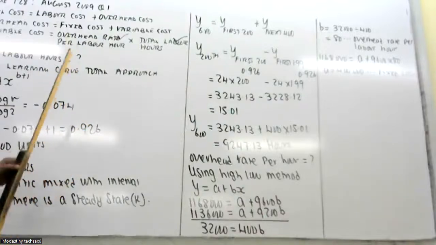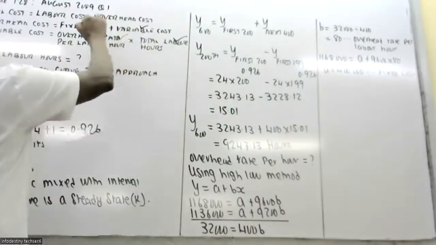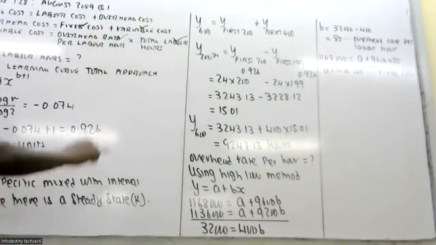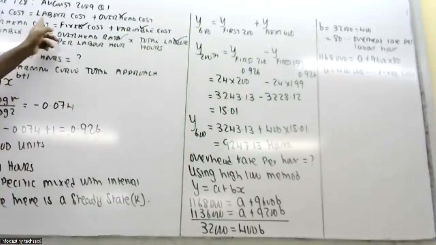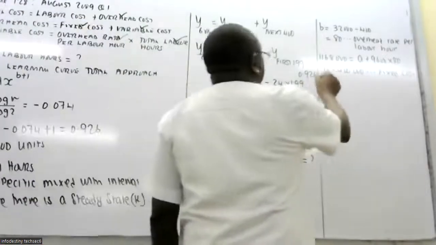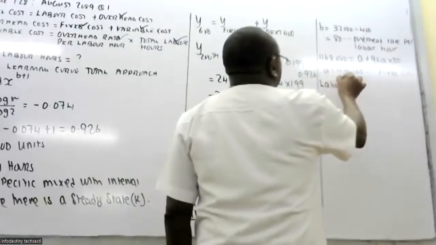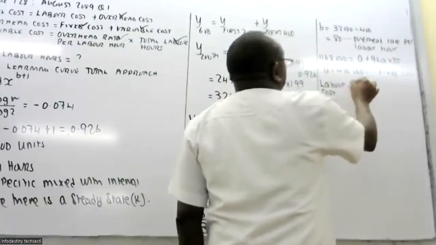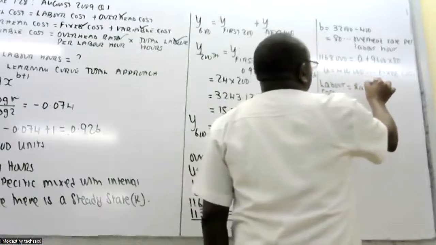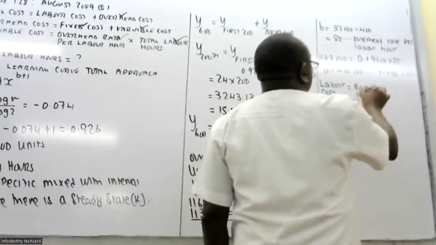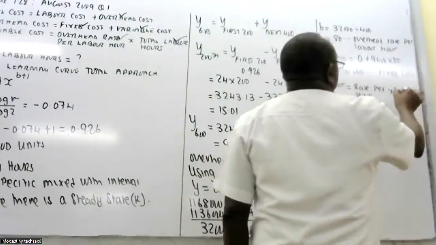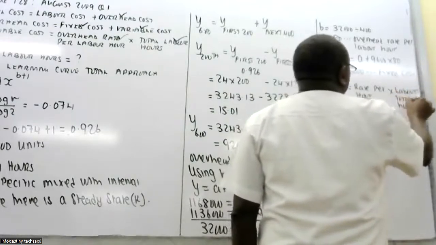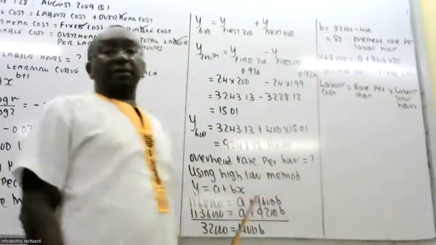Now going back to where we began, this one is already sorted, even this one is also sorted. What remains is the labor cost. So how are we going to get labor cost, or is it given? Labor cost will be rate per hour multiplied by labor total hours.